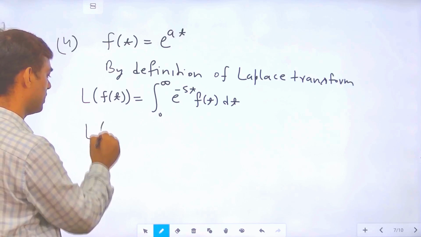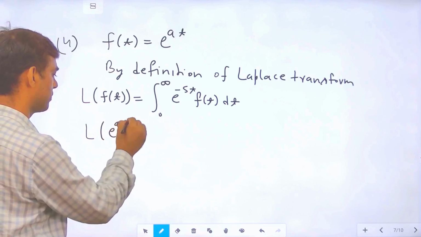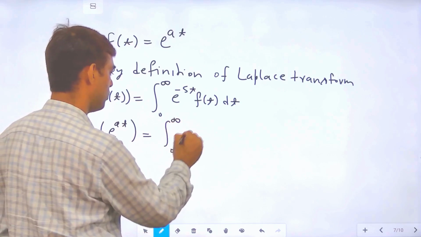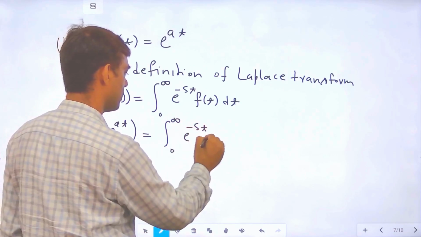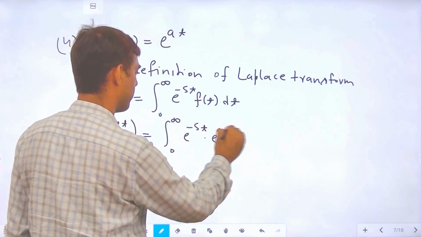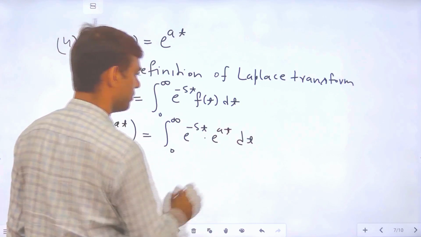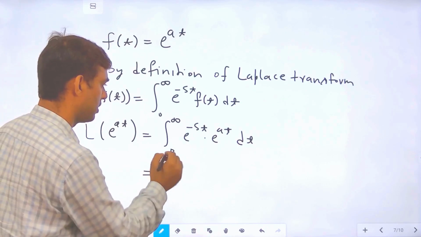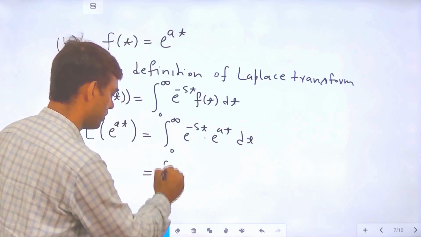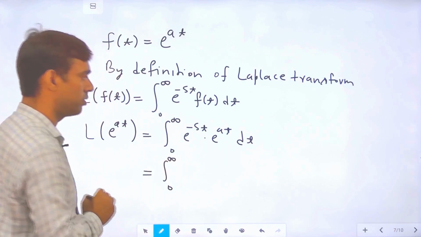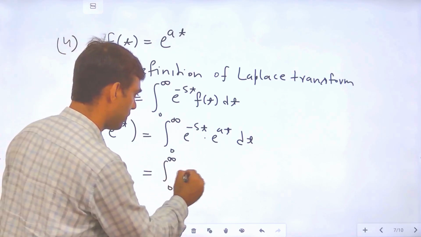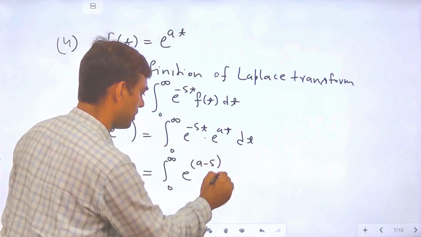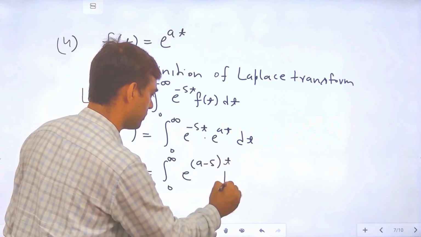So the Laplace transform of e to the power at equals the integral from 0 to infinity of e to the power minus st into e to the power at dt. If we simplify, this becomes the integral from 0 to infinity of e to the power (a minus s)t dt.